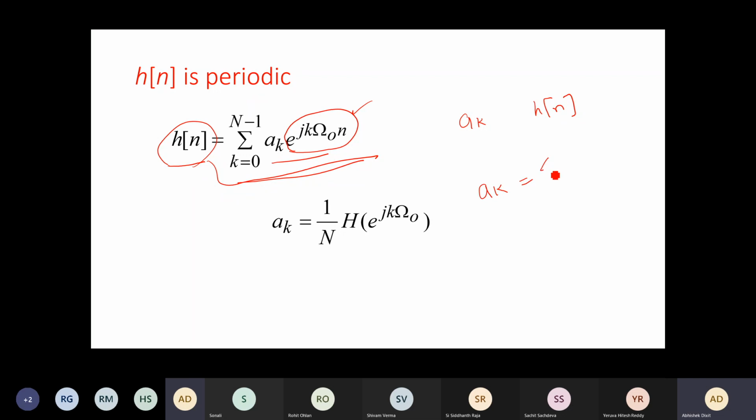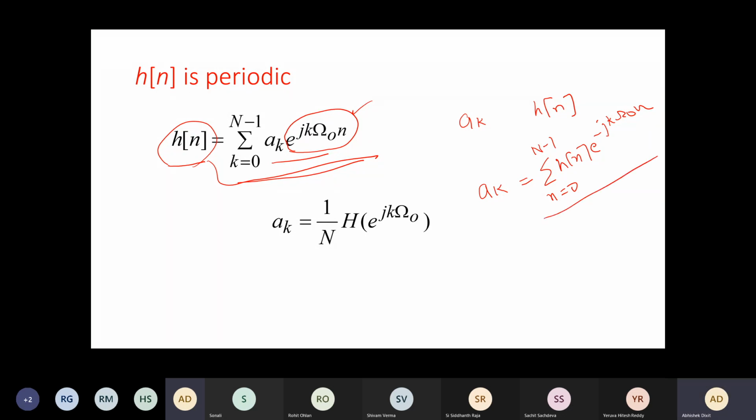So it should be some summation of Hn, just using vector notation. What should be the values of N? Hn is periodic. So this should be this, right? Clear?